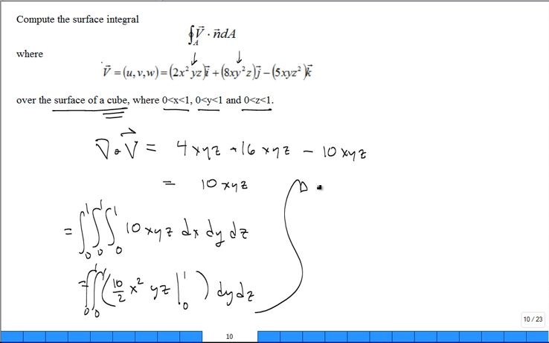Then I bring it up here, and the integrand becomes 5yz. Then I integrate 0 to 1 dy, integral 0 to 1 dz.